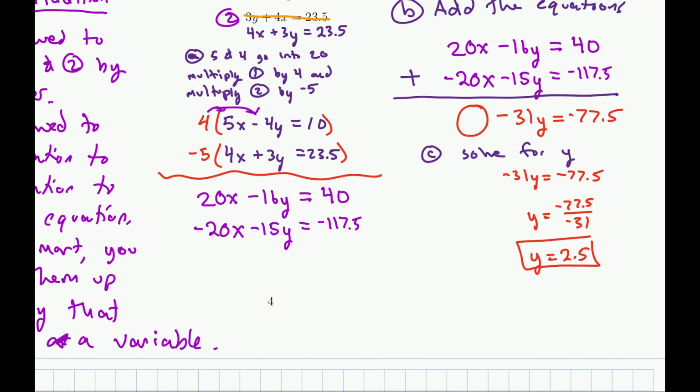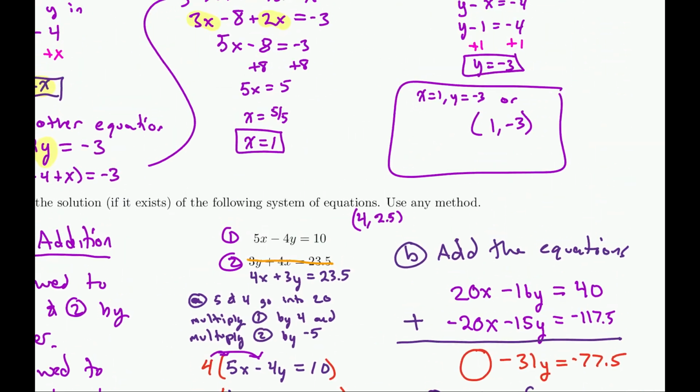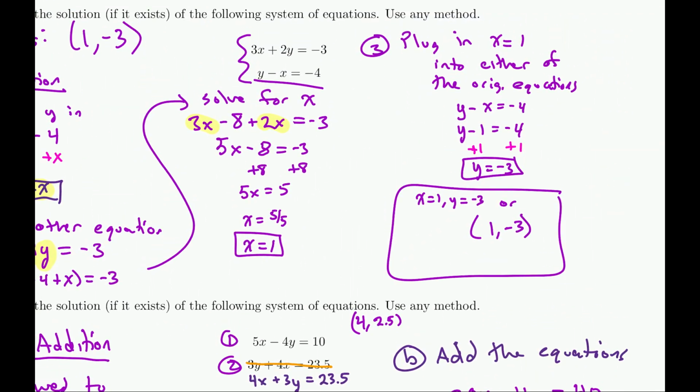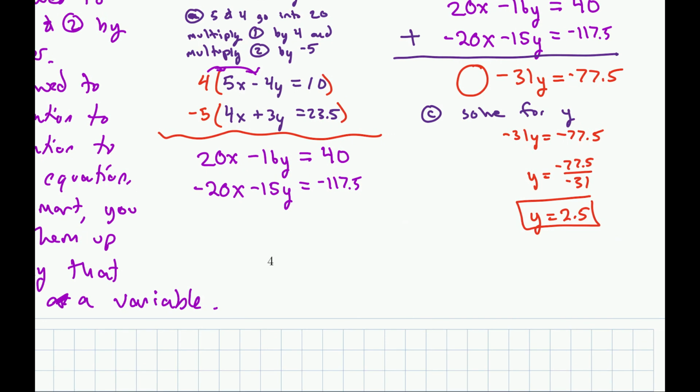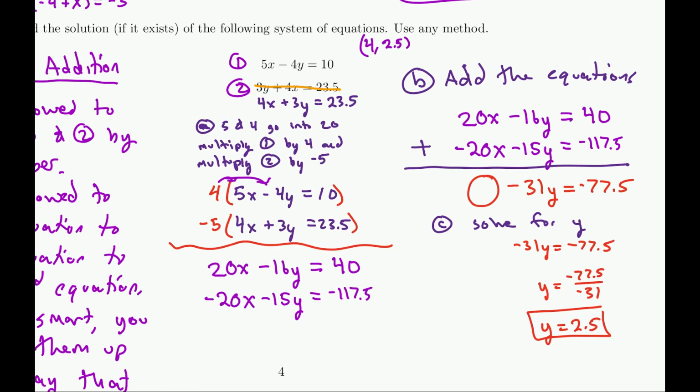Your last part is going to be the same as the last part on the previous problem. Once you have one of the numbers, you can plug that number into one of the other equations. So I can take this y equals 2.5 and plug it into this first equation, for example.